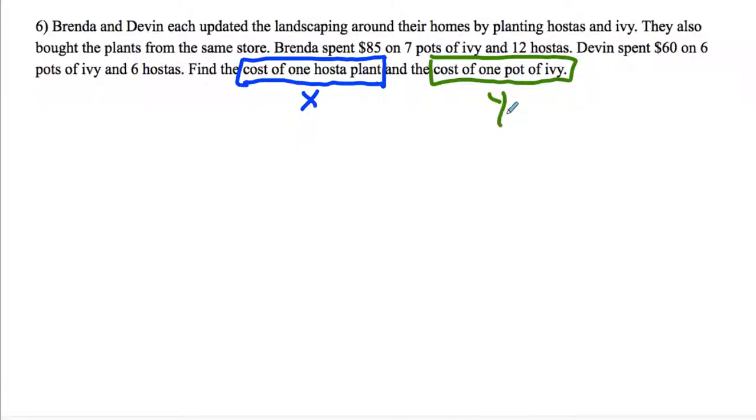Now, you don't have to use x and y. You can use any variables. You could do h and p if you wanted to. I'm just going to use x and y. Those are my 2 defined variables. Now I'm going to write a system using those.